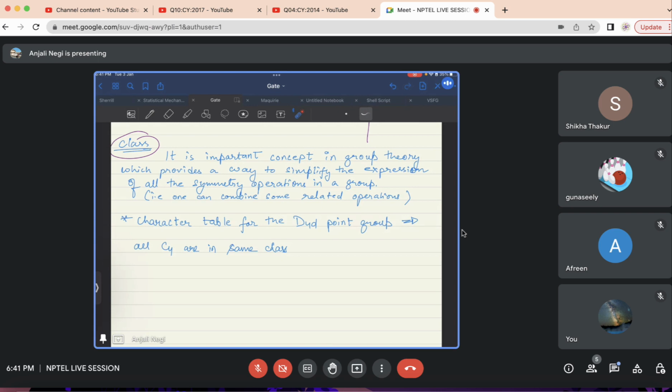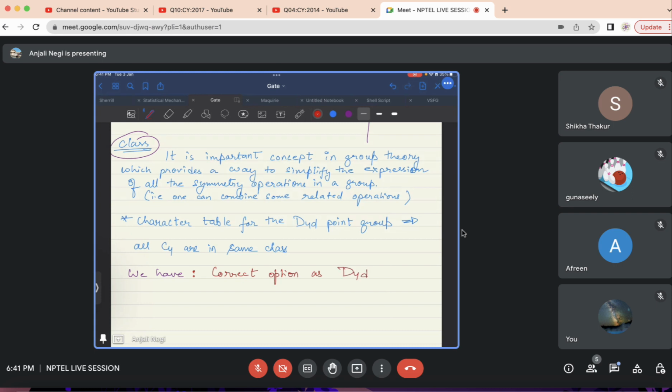Okay, if you check the character table for the D4d point group, you have all the C4 in the same class, and that is why our correct option is D4d.